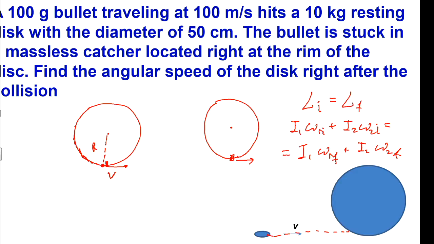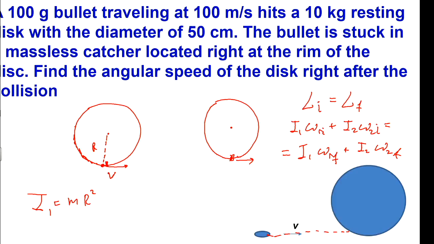So for the catcher, the moment of inertia and the angular velocity of this bullet is exactly the same as the moment of inertia and angular velocity of a ball traveling like this. History doesn't matter. And for this instant, when the ball is here, it's a small mass, so we just have to write mr squared.